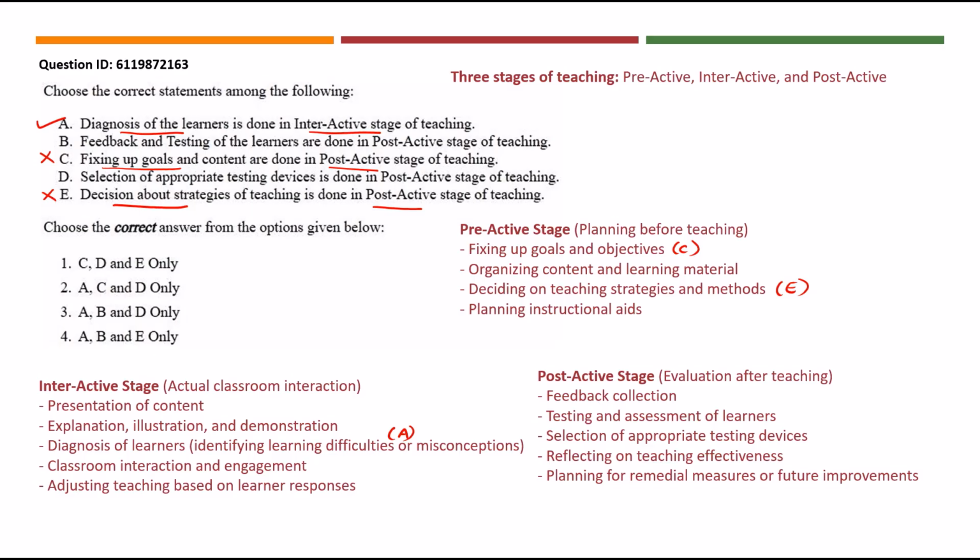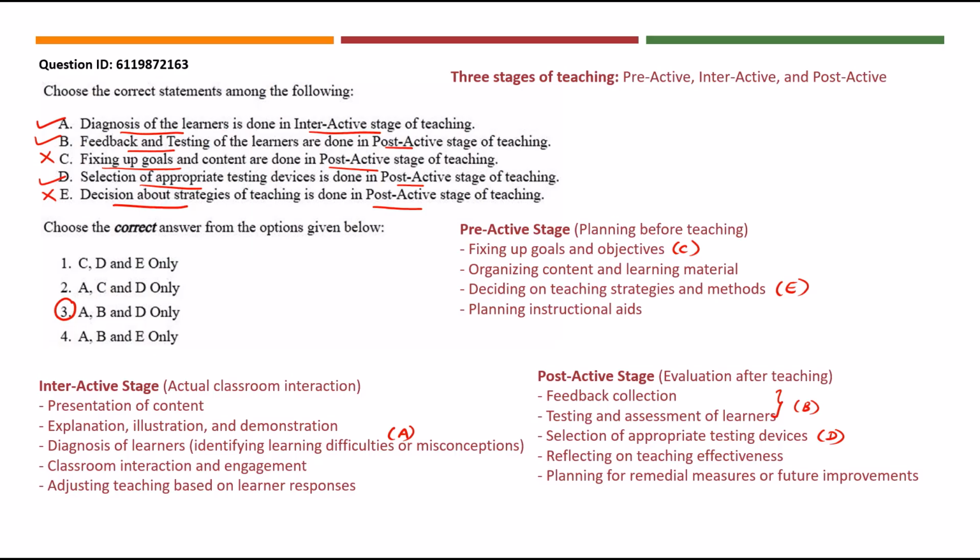So feedback and testing of learners, these 2 points together, this is B, and selection of appropriate testing devices, this is D. Both these are given in post-active stage, so definitely both statements are right. From this we can pick option number 3, A, B and D only as the right answer.